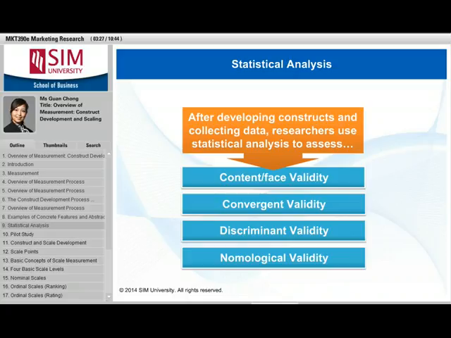Convergent validity is when the researcher's measures of a construct are highly correlated with existing measures of the same construct. Discriminant validity is the existence of a negative correlation between the measurement of one construct and those measures of another construct. And nomological validity is the assessment of how well one construct theoretically fits within a framework of other established constructs that are related yet different.